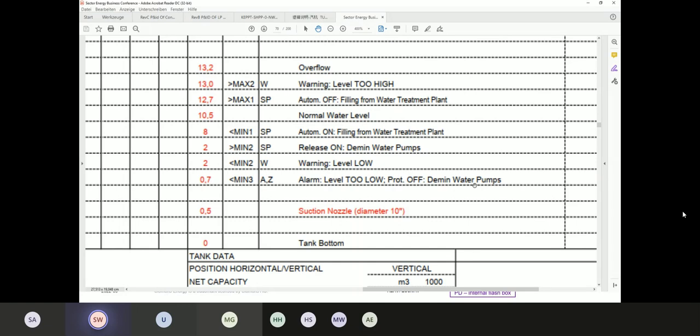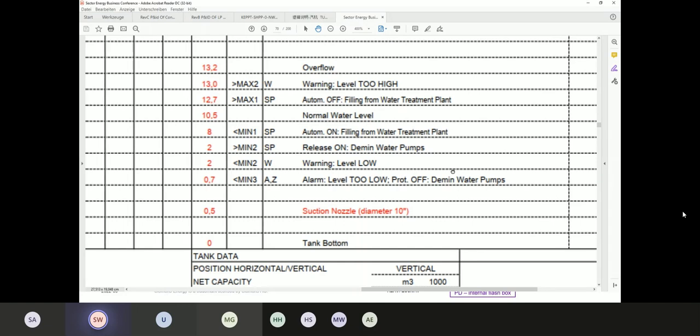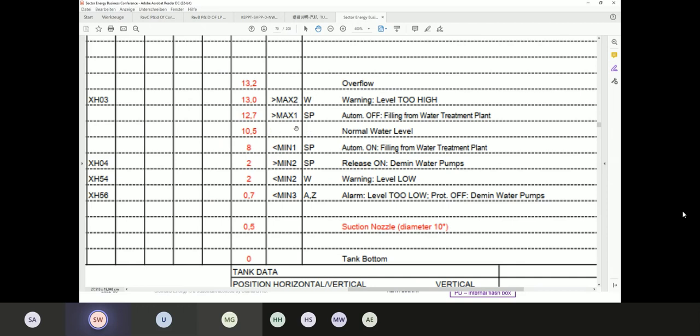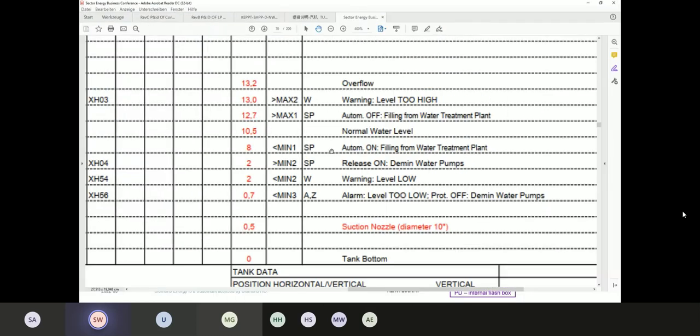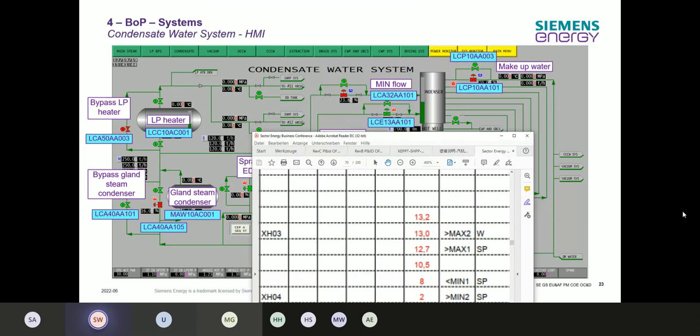And something similar to this, I expect normally for the condenser hot well. So you have somewhere a normal level, you have a high level where you're getting a protection for the makeup water lines. You have a level low somewhere where the makeup water lines get an open signal so that they're filling up water.